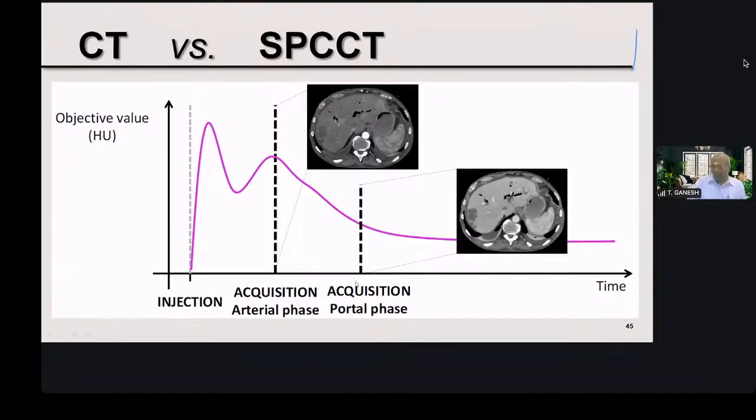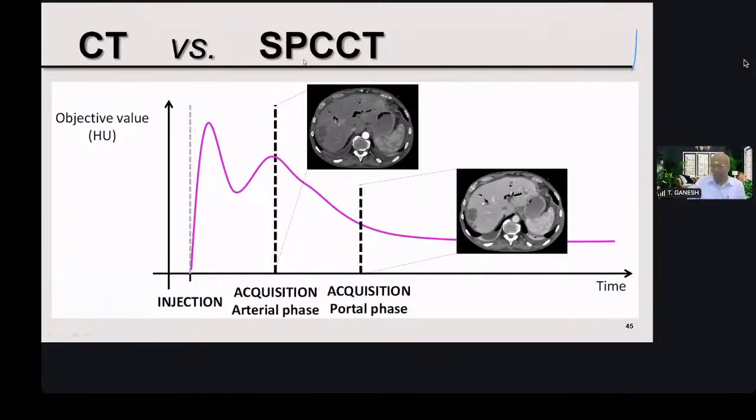And then in the portal phase, when the blood enters the liver, you can see here the liver is in good contrast, that is the portal phase. You have to do another imaging. So with the conventional CT, you have to do one imaging at the arterial phase and one imaging at the portal phase.